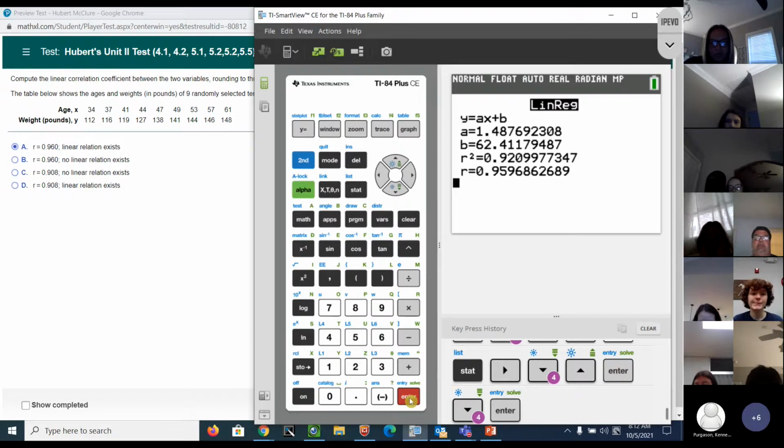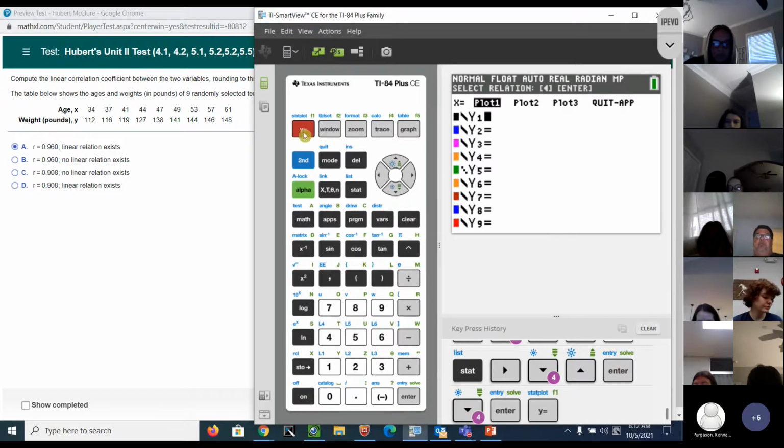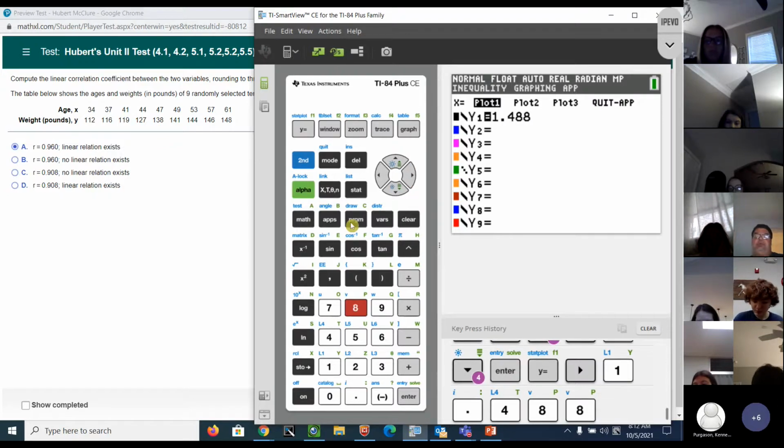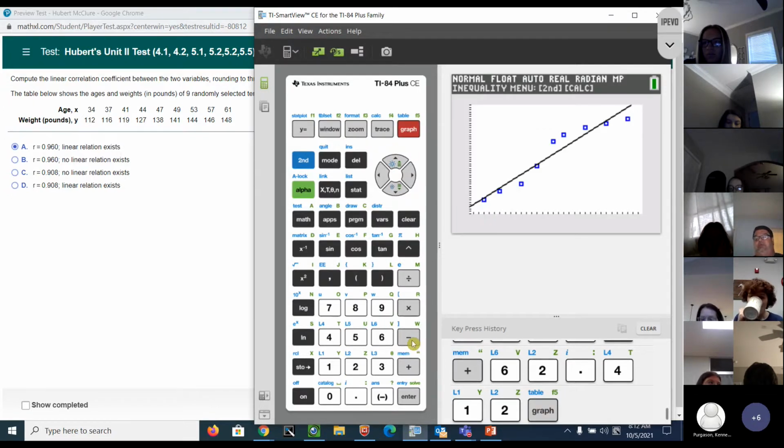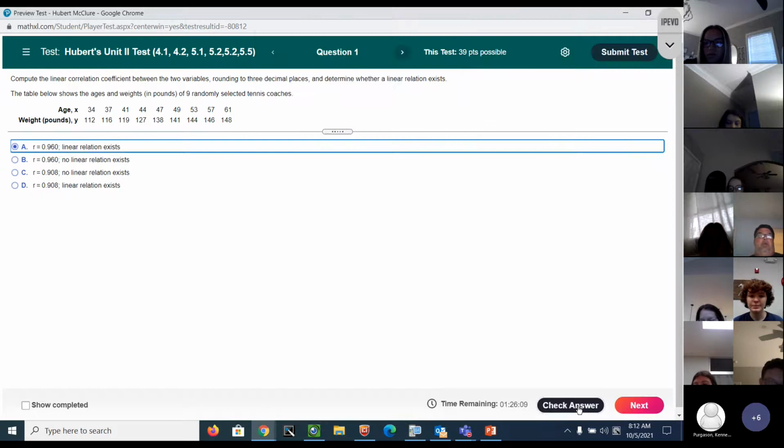And we could type that in. Y is equal to 1.488x plus 62.412, and you can see that there is a linear regression there. So A is your answer. Next.